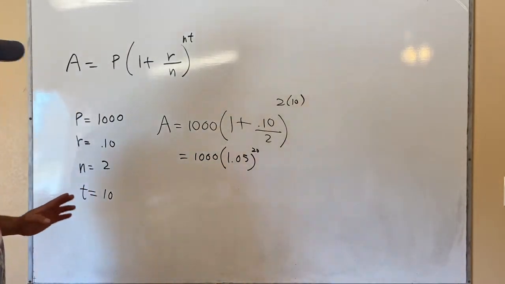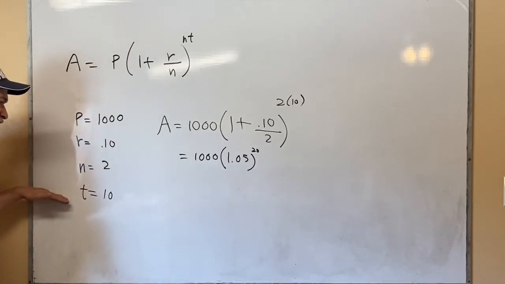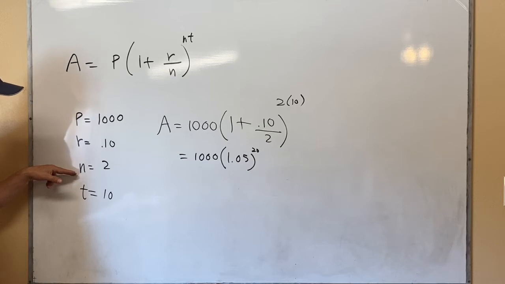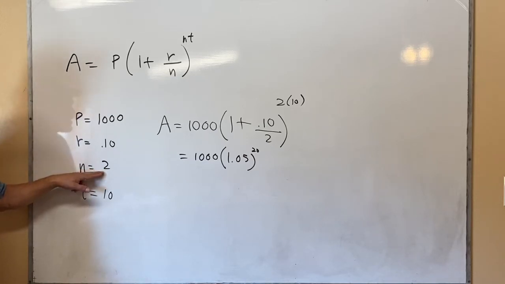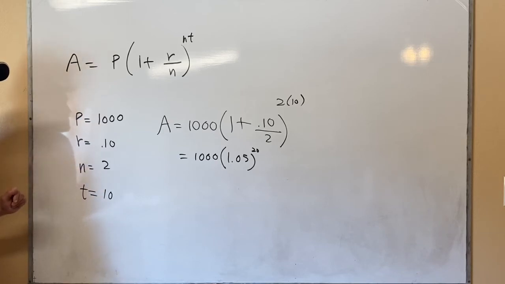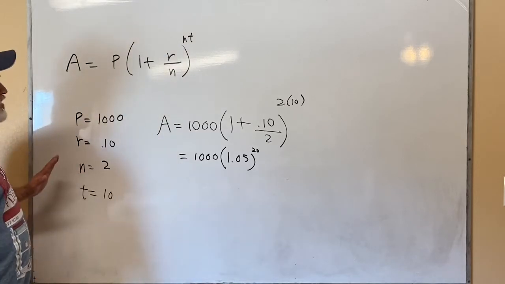Okay? All right. So let's keep the same values, but now let's change the compounds. This is semi-annually, twice per year. How about changing this to monthly? Yeah. Let's do it monthly.